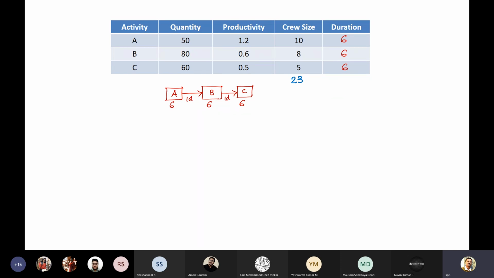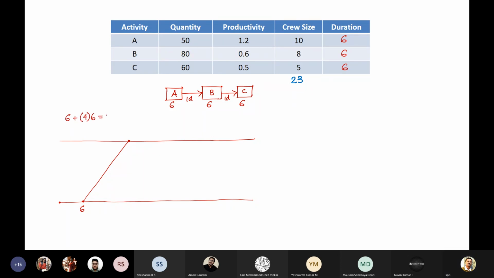Let me take one, or maybe without that also we can do. This is maybe the 5th day. So this is 0 and this 1. Sorry, on the 6th day the A will start, and it will continue till some day. I'll find that day: 6 plus 4 into 6, so 30.